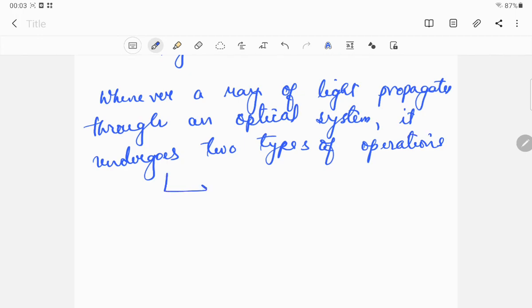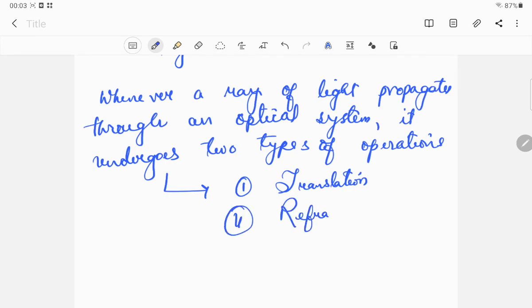The first is called translation and the next is called refraction. Translation happens in a homogeneous medium.